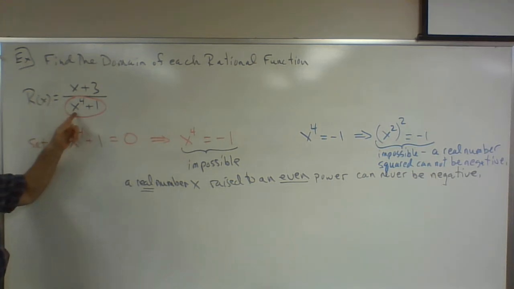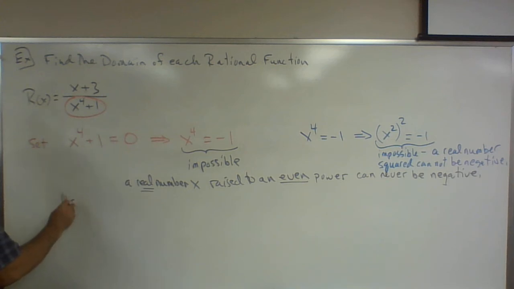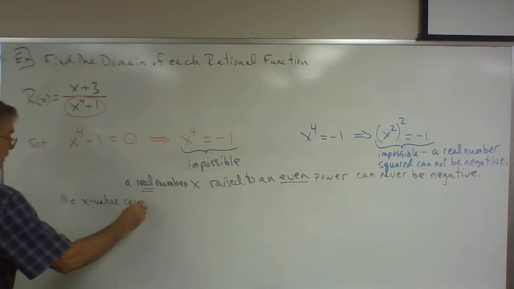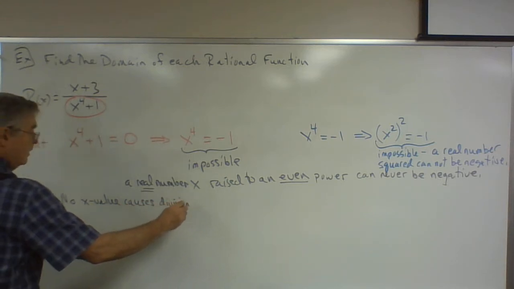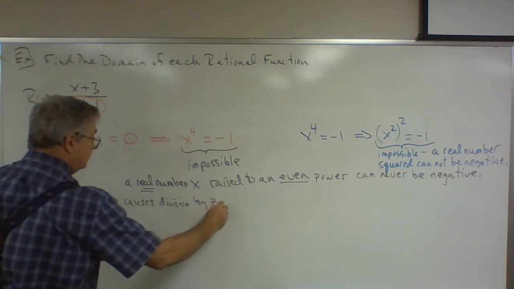We set out to exclude all x values that cause division by 0, and there were none. So I'll just mention that. No x value causes division by 0.